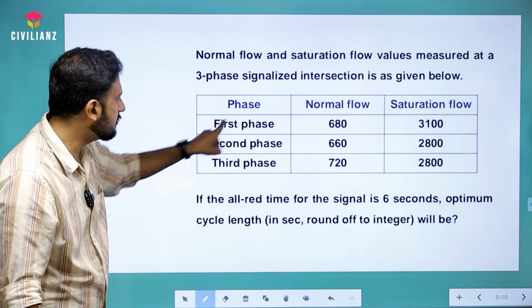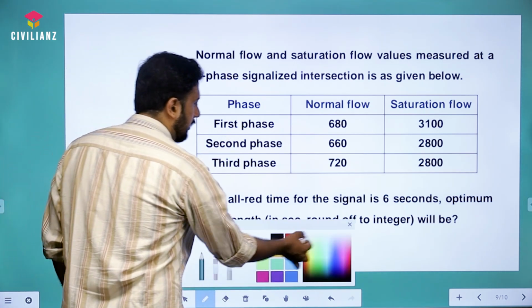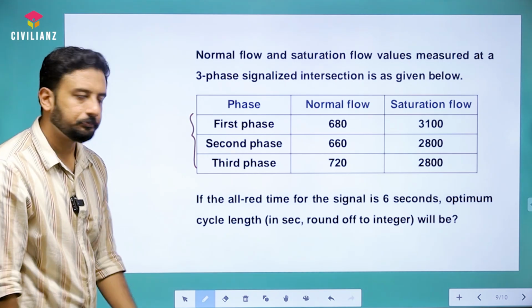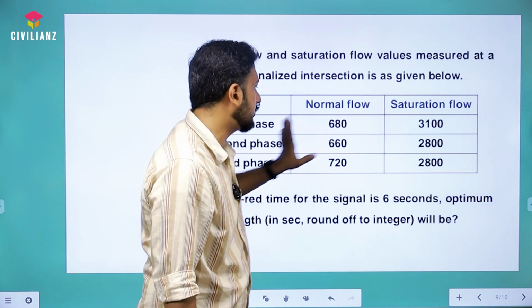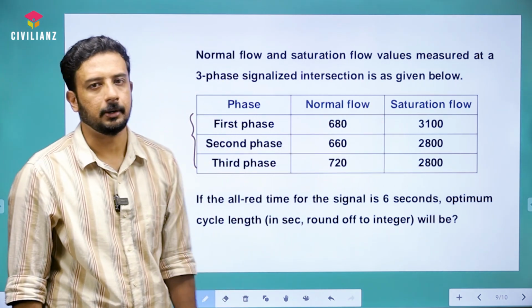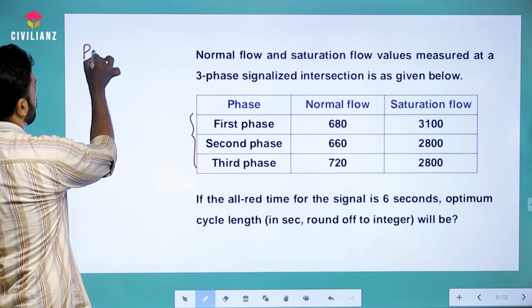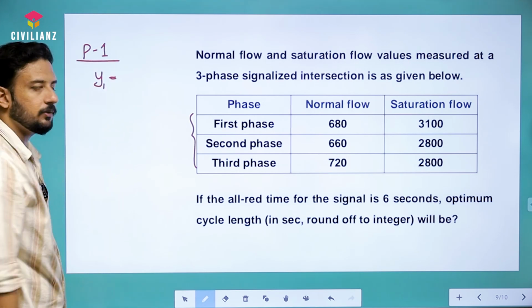That's why they have given first phase, second phase, third phase. If you are having a 3-phase signal, then obviously we will be having these 3 phases. In each phase, they have given normal flow and saturation flow. For the first phase, P1, how much will be the Y value, or I can call it Y1?